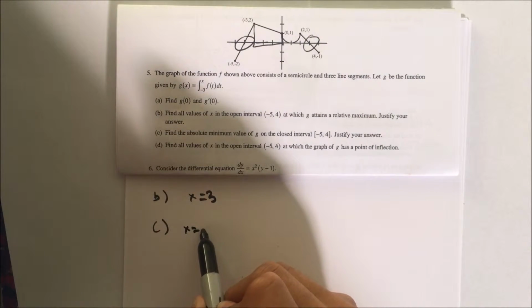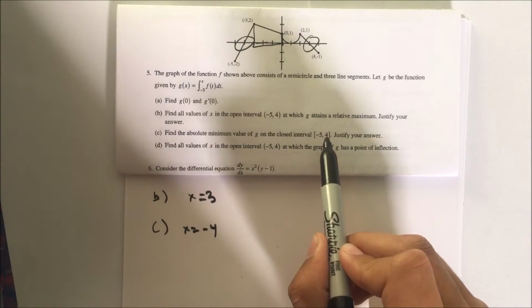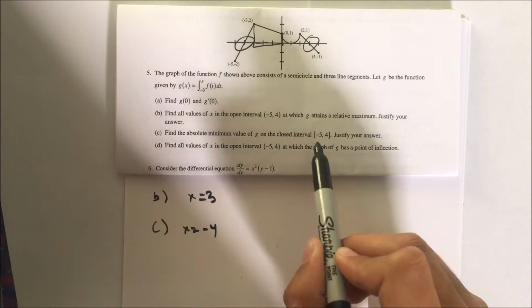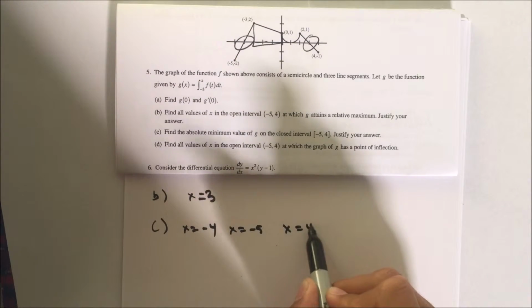So x equals -4, and we have to use the candidates that are given, which is x equals -5 and x equals 4.